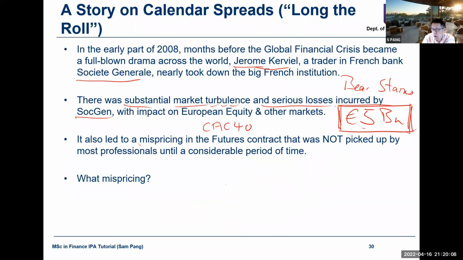There was a mispricing in there that was not picked up by most professionals. It was picked up by some, as I said, and one of them told me this story. Now, what was this mispricing? This mispricing had to do with the long futures roll.